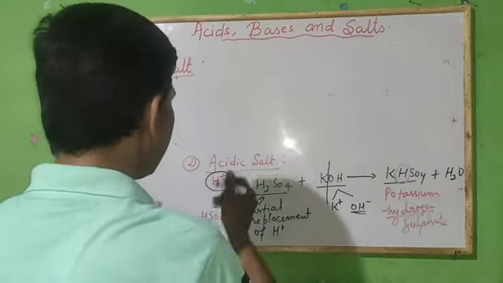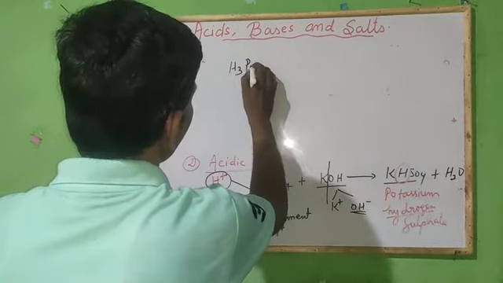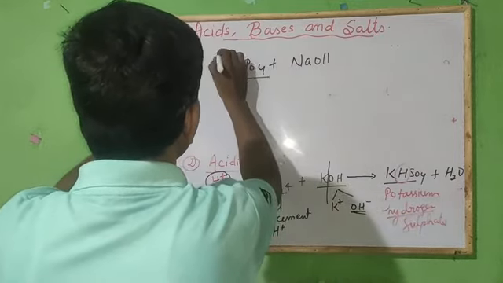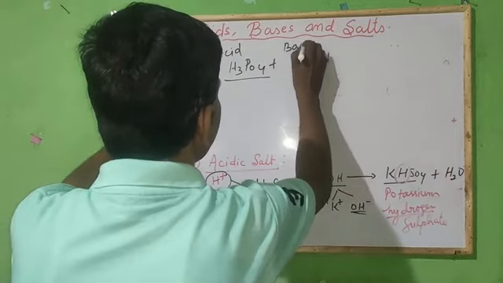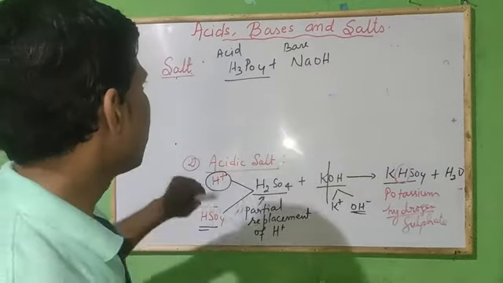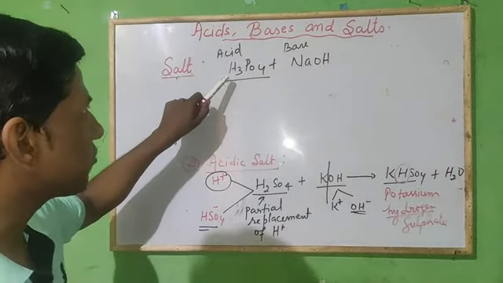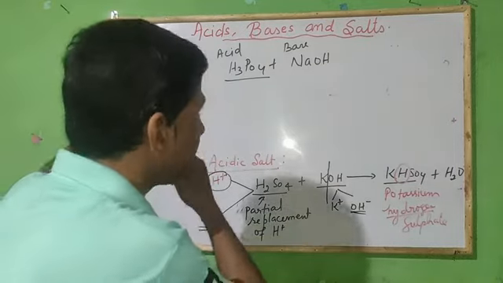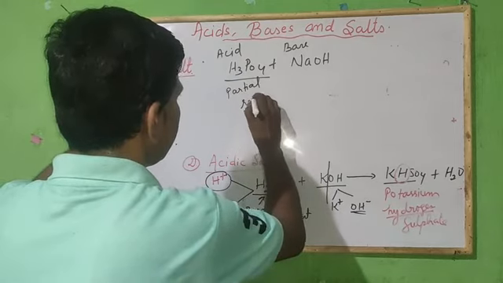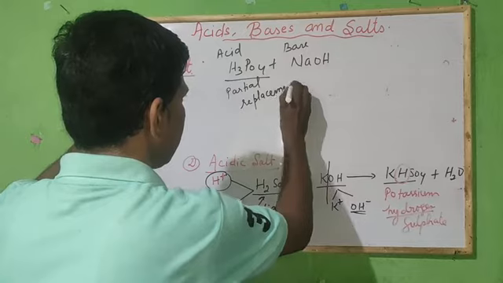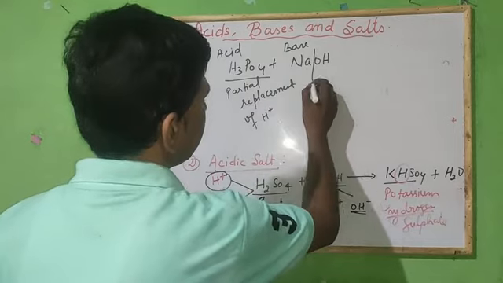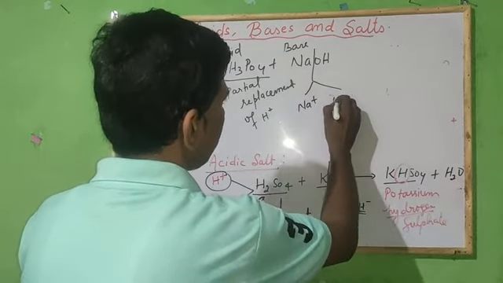If you take H3PO4 plus sodium hydroxide, this is the acid, this is your base, so this is phosphoric acid and this is your sodium hydroxide. Clear? So here again partial replacement of H plus ion takes place, and the base will form two ions, Na plus and OH minus.